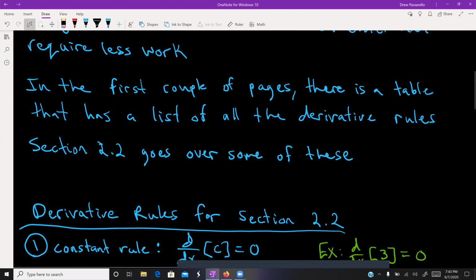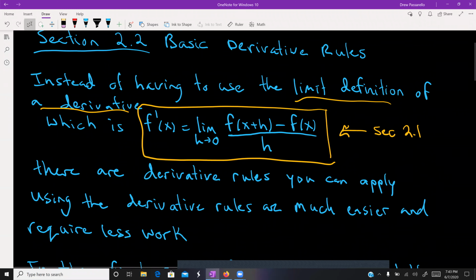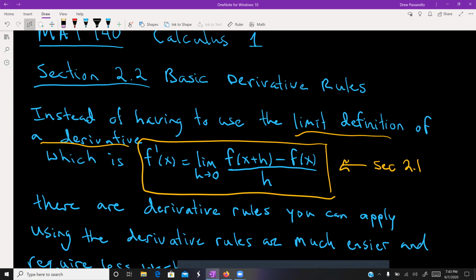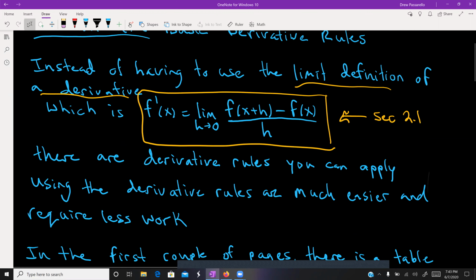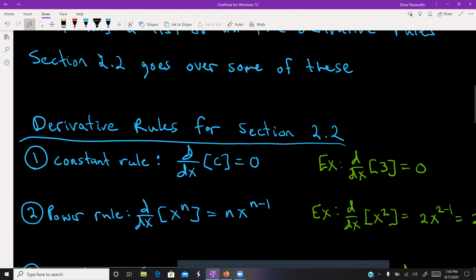That's what the derivative does. And instead of having to use this limit definition that becomes really cumbersome, there are these rules.